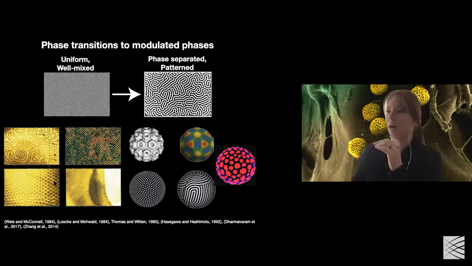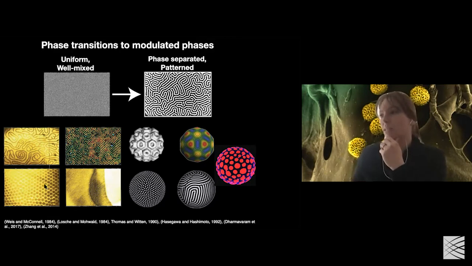So in this bottom left corner, these are images taken from a paper that is describing how diblock copolymers produce these sort of fingerprint-like patterns and also these hexagonal patterns on surfaces in 2 dimensions.